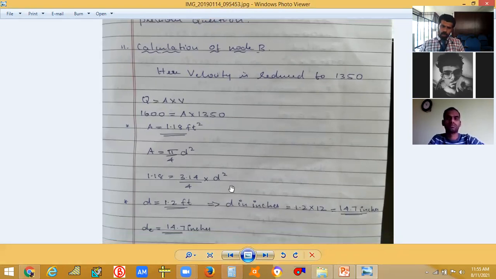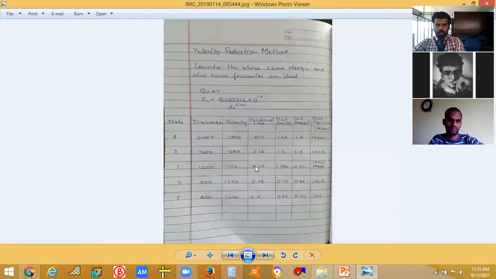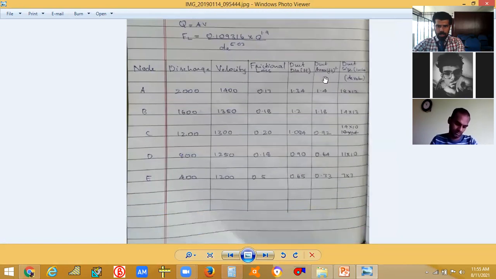All the steps are similar. From there you can find it out. So do one thing, complete this also, okay? I think you will be able to answer this also.